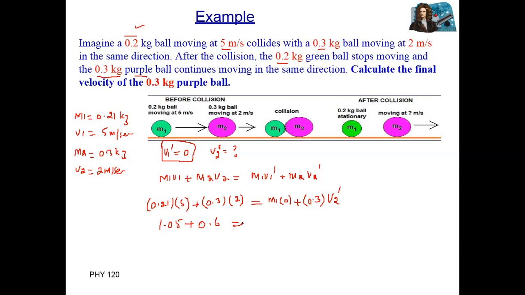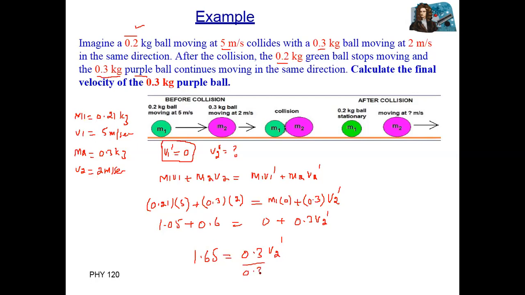So 1 plus 0.6 is equal to 0 plus 0.3 into v2 prime. If you add these two, 0.6 with 1, we get 1.6, equal to 0.3 v2 prime.